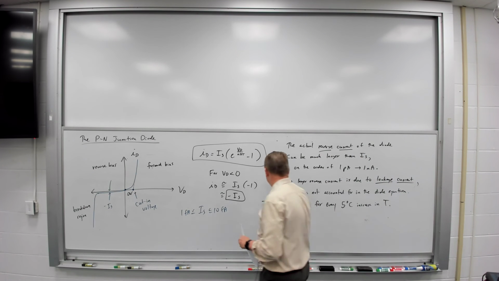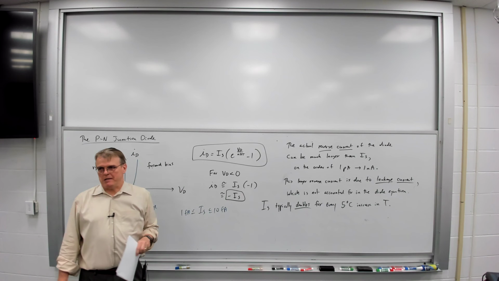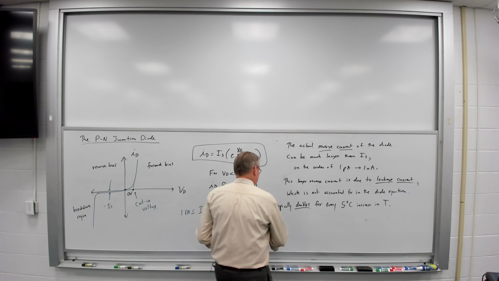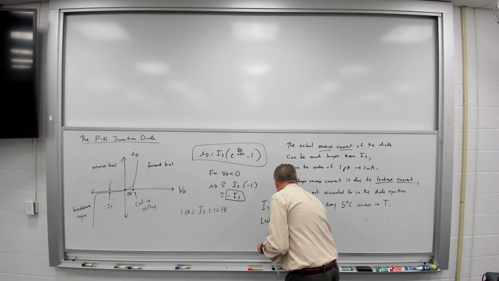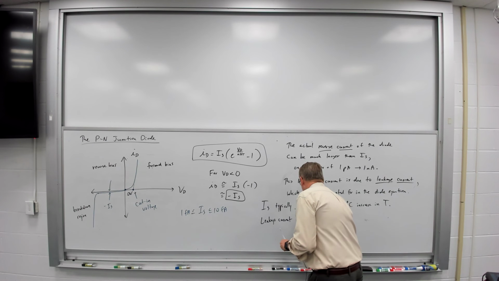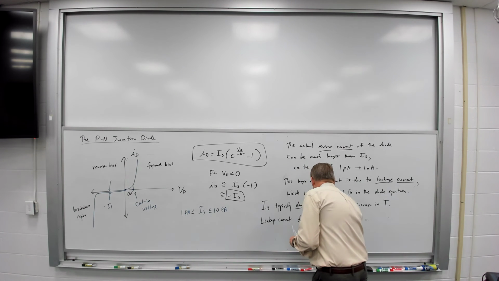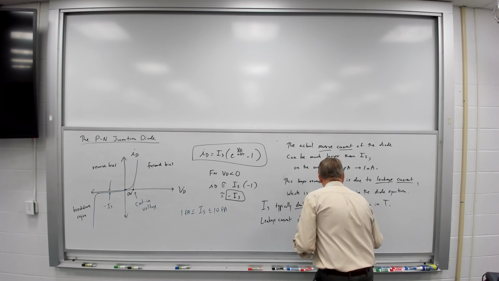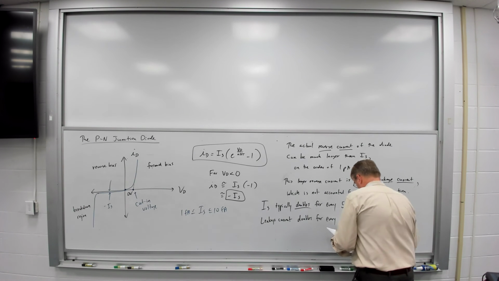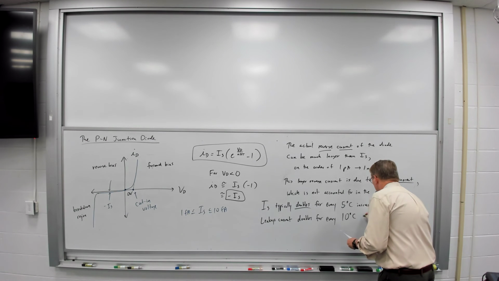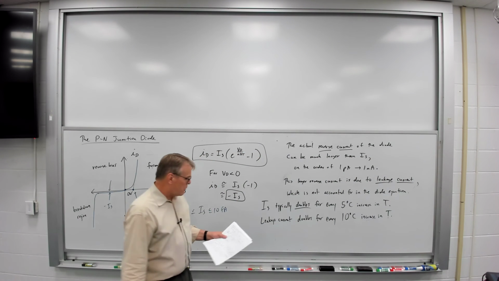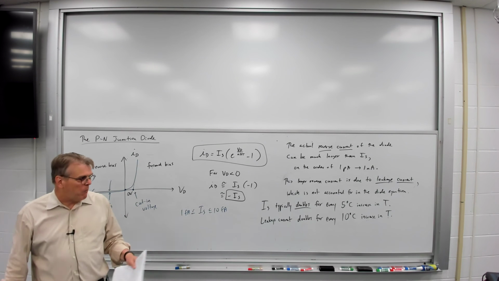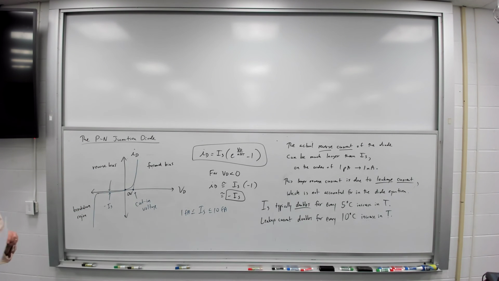On the other hand, leakage current doubles for every 10 degrees centigrade. Leakage current also tends to increase somewhat as the voltage across the diode becomes more negative.